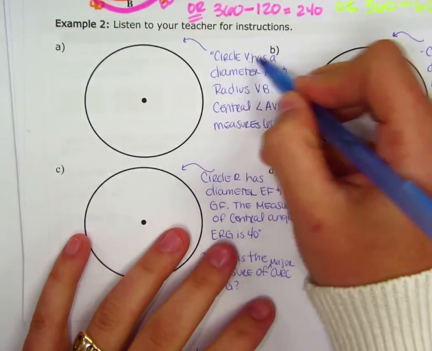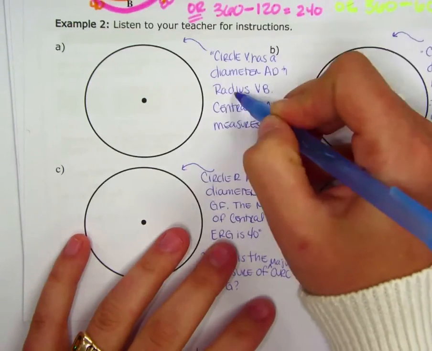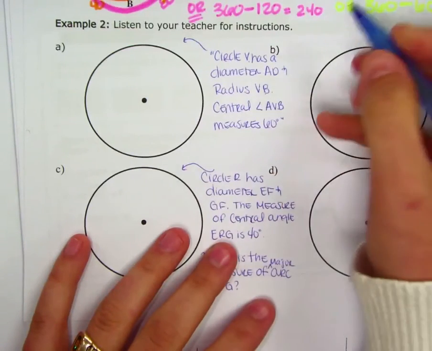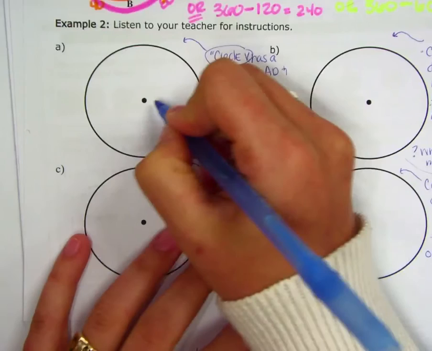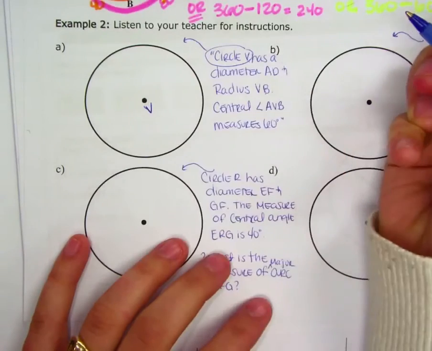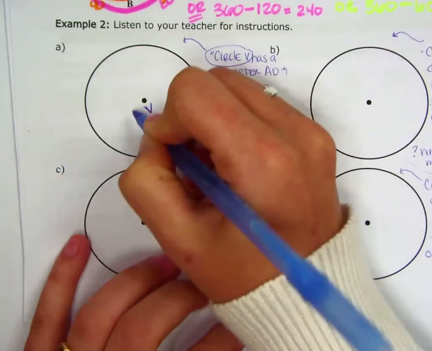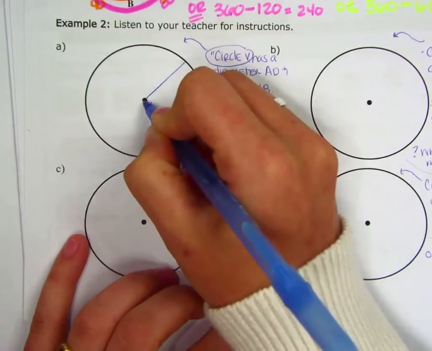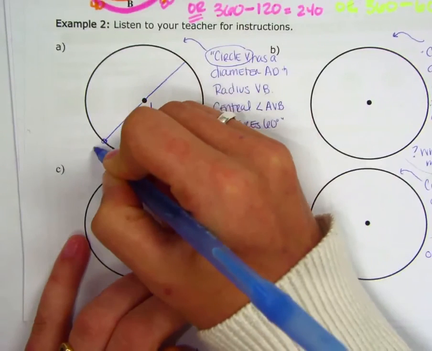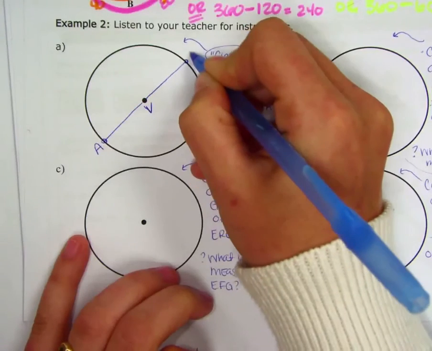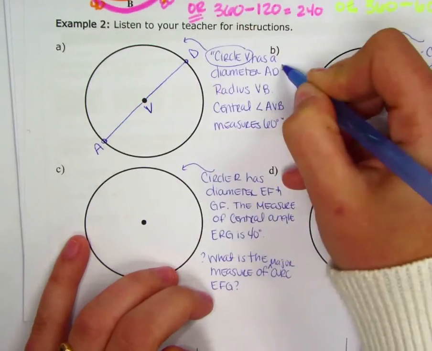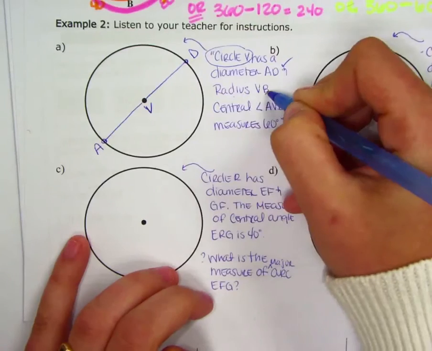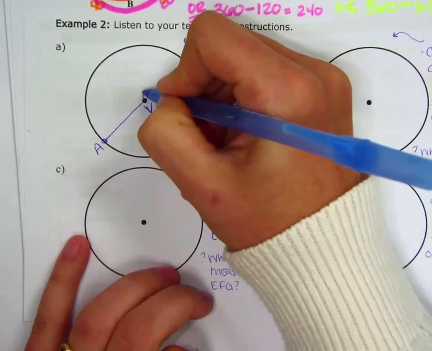So circle V has a diameter AD and radius VB. Okay, so circle V tells me the center of the circle is V, has a diameter AD. So we have a diameter, that's AD, and radius VB.